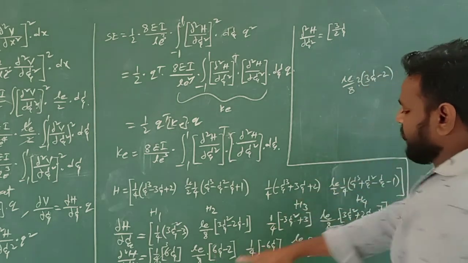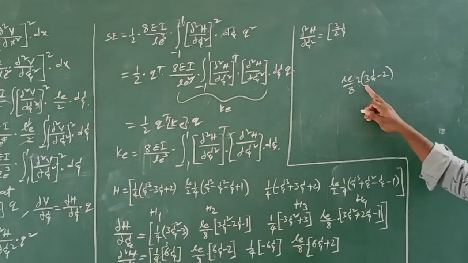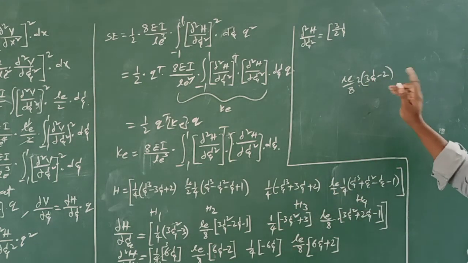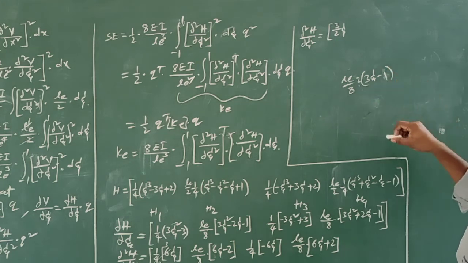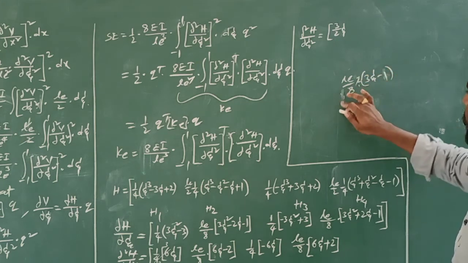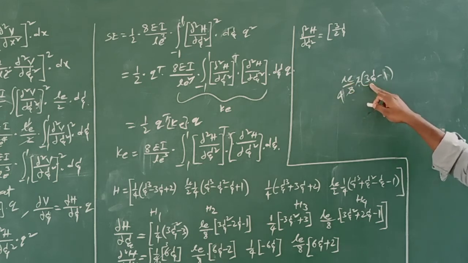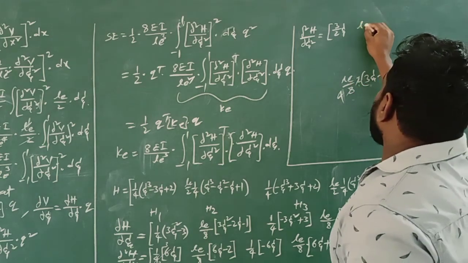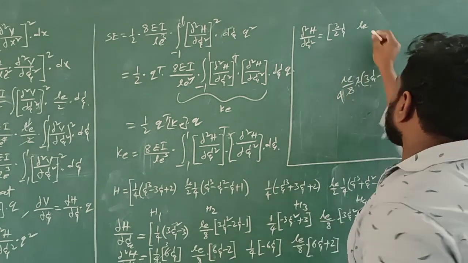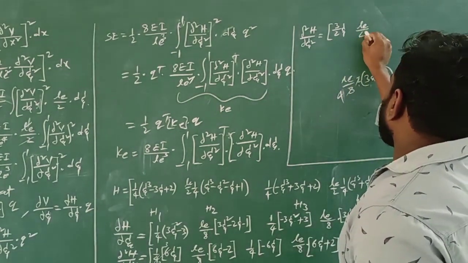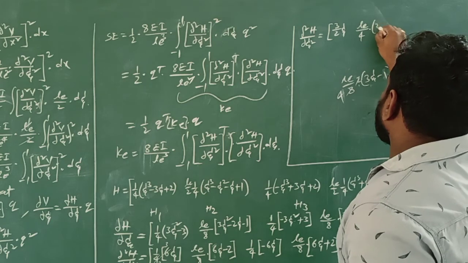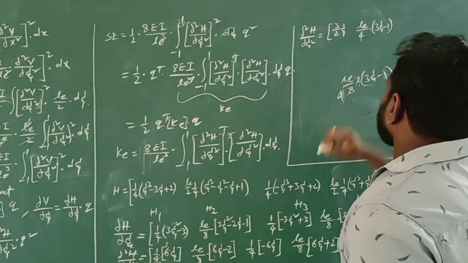Okay, this equation can be written like this: 2 into 3j minus 2, that is 3j minus 1. Okay, 2 into 4 times, that is Le by 4 into 3j minus 1, that is Le by 4 into 3j minus 1.